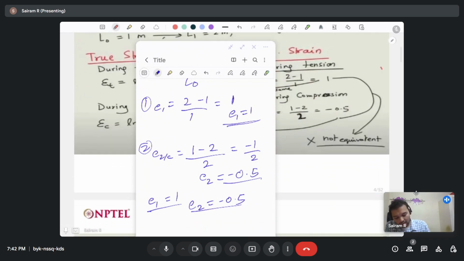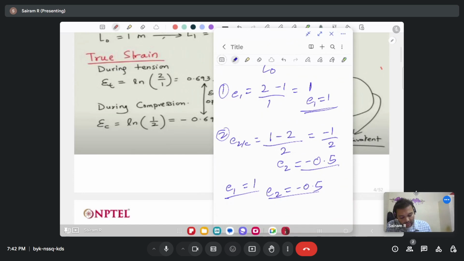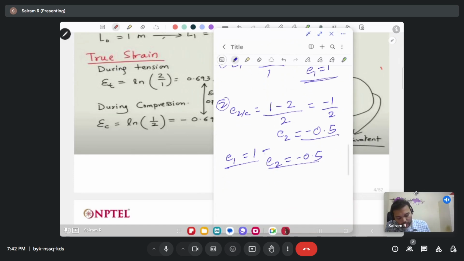So if we see here, E1 and E2 are not even close to each other, not even the same as each other, even in terms of numerical value. There is a huge difference that we are observing over here.